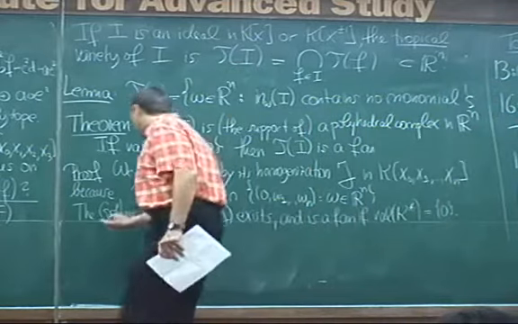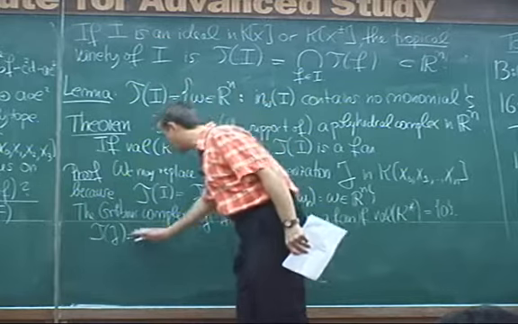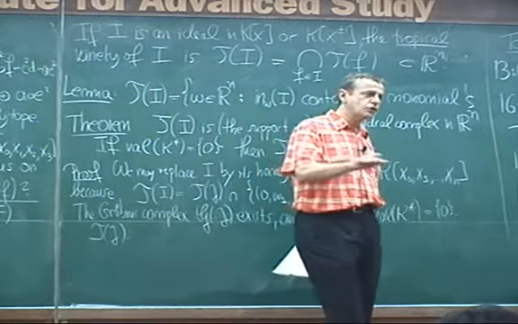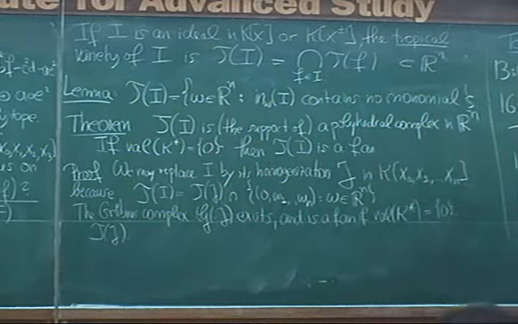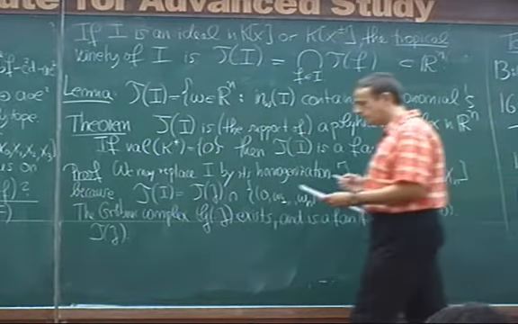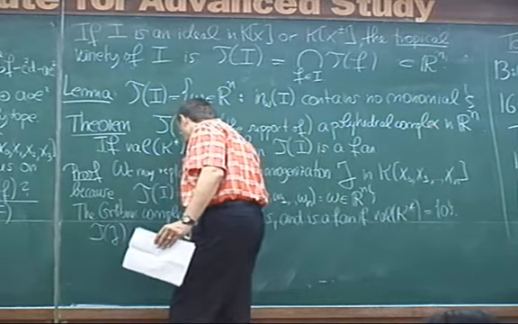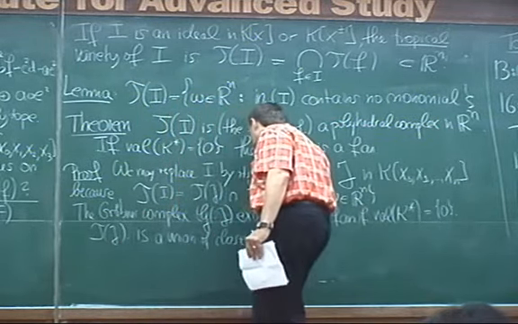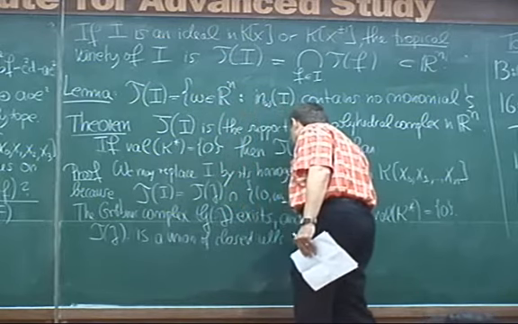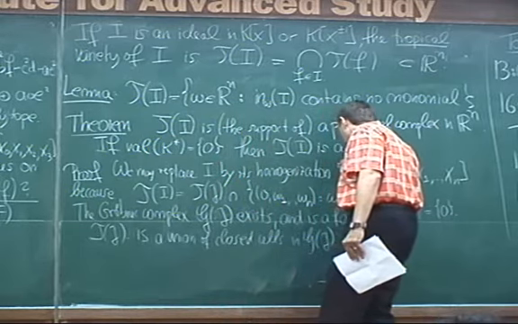Well, by definition of the Grobner complex, on each relatively open cell of the Grobner complex, the initial ideal is constant. So therefore, the tropical variety of J is a union of closed cells in G of J. And that ends the proof.